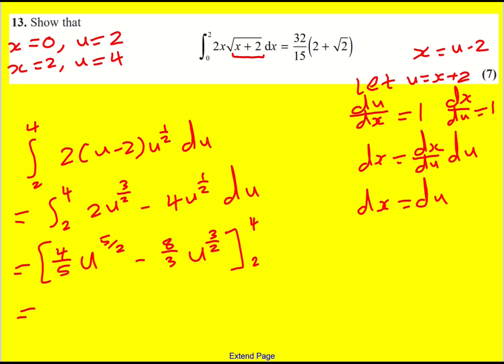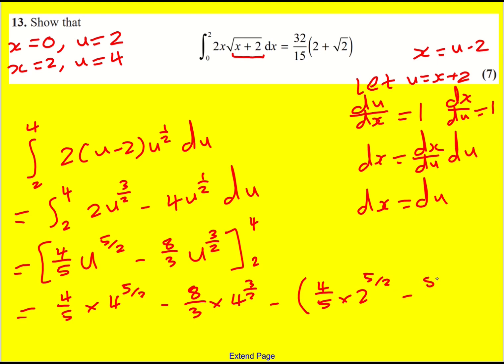And substitute in. So 4/5 times 4 to the 5 over 2. You can see similar things happening to before. 8/3 times 4 to the 3 over 2 minus 4/5 times 2 to the 5 over 2 minus 8/3 times 2 to the 3 over 2.